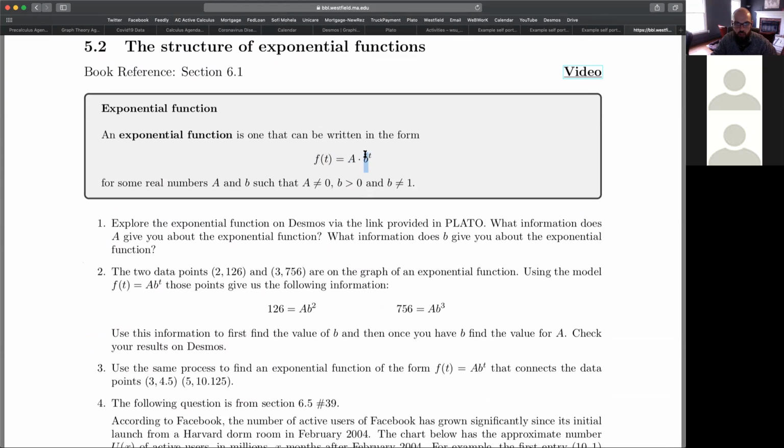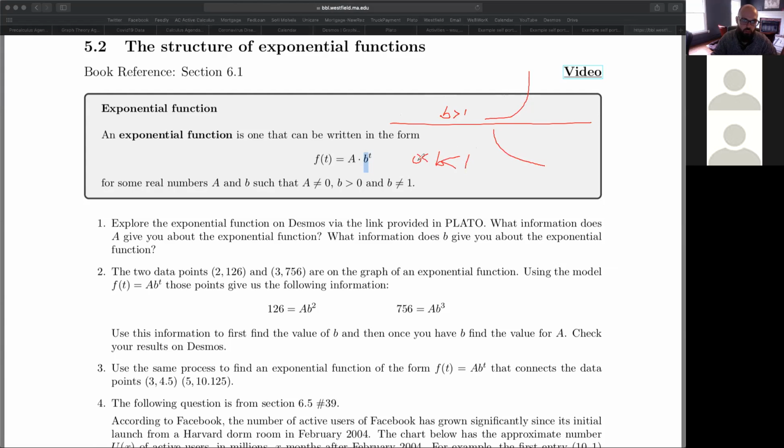What we noticed was if B is bigger than 1, we get this characteristic swooping up. So when B is bigger than 1, you're going to get a graph that looks something like this, and when B is less than 1 but bigger than 0, you're going to get a graph that looks something like this.